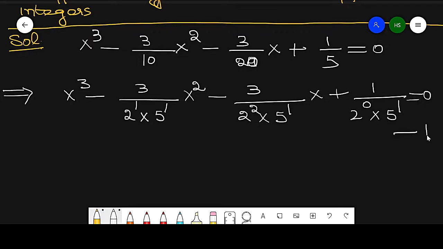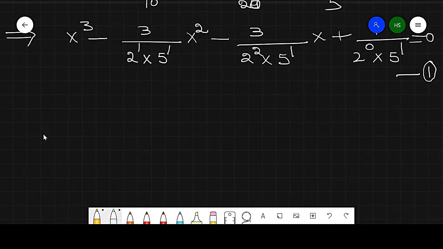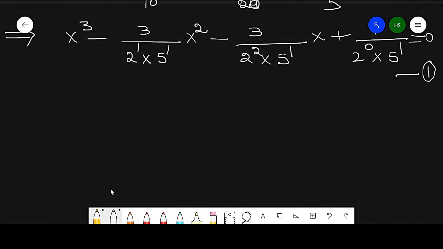So this is equation number 1, suppose. Now to find the multiplier. So let m be the multiplier.